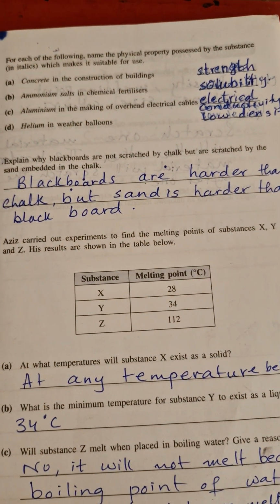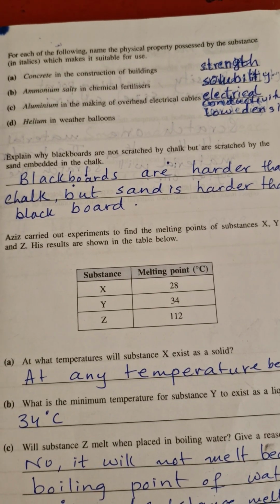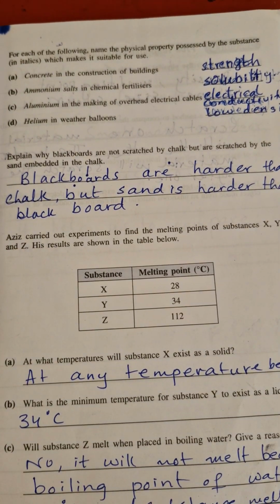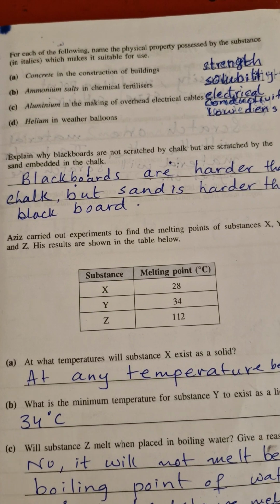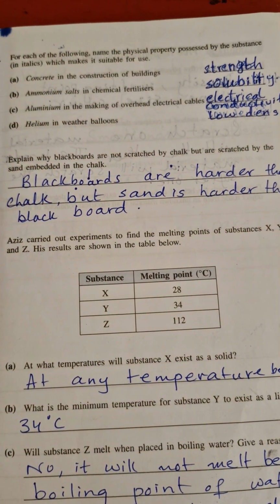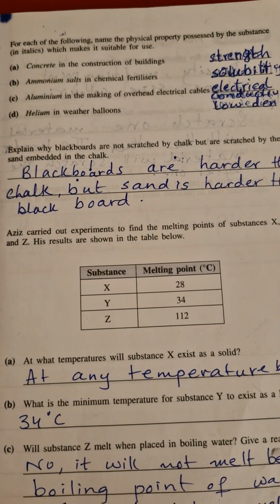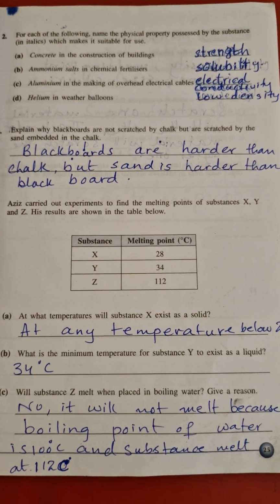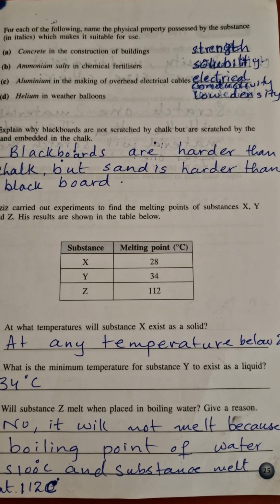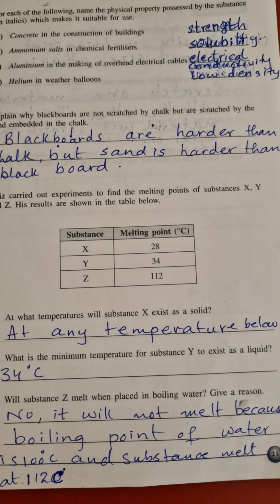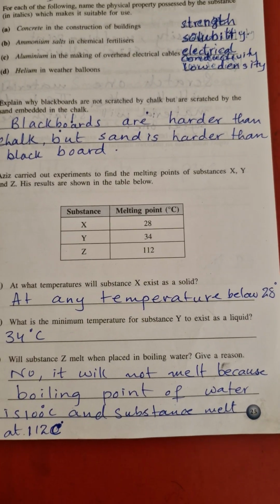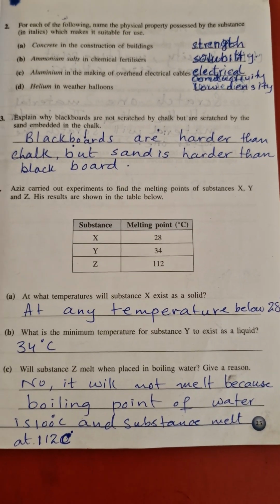That is why we use chalk on a blackboard and it is not scratched, but if the sand embedded in the chalk is used, it will be scratched easily. So this is how the physical property of hardness and scratching of materials is used to identify which material is suitable and which is not.